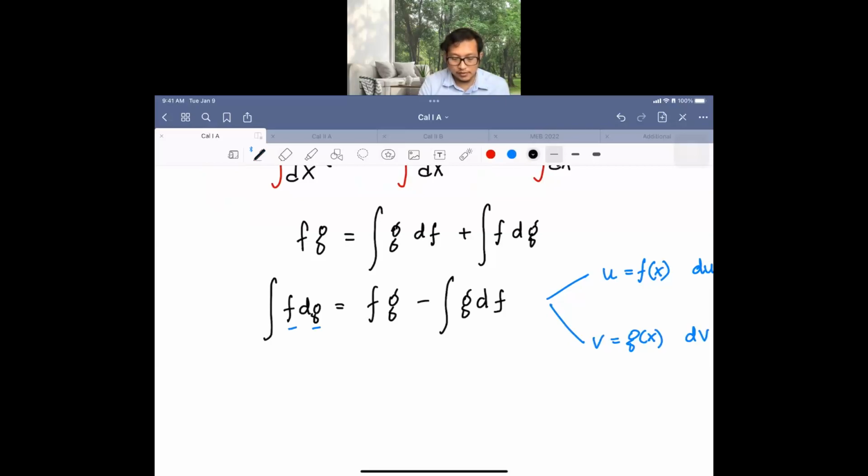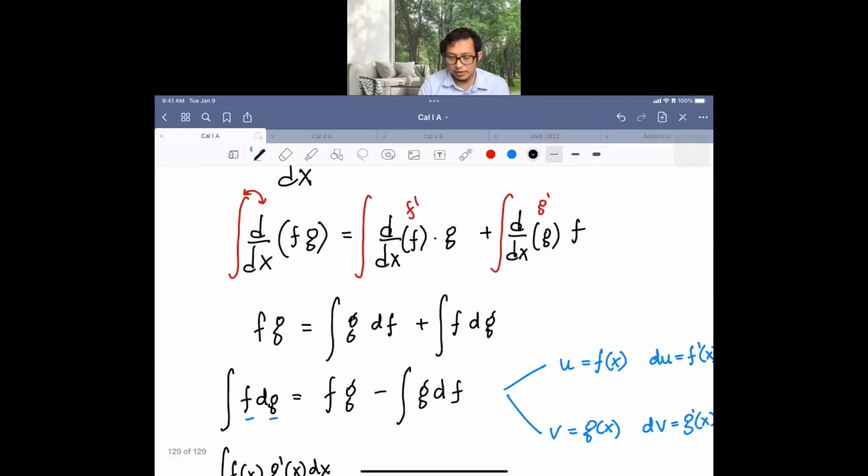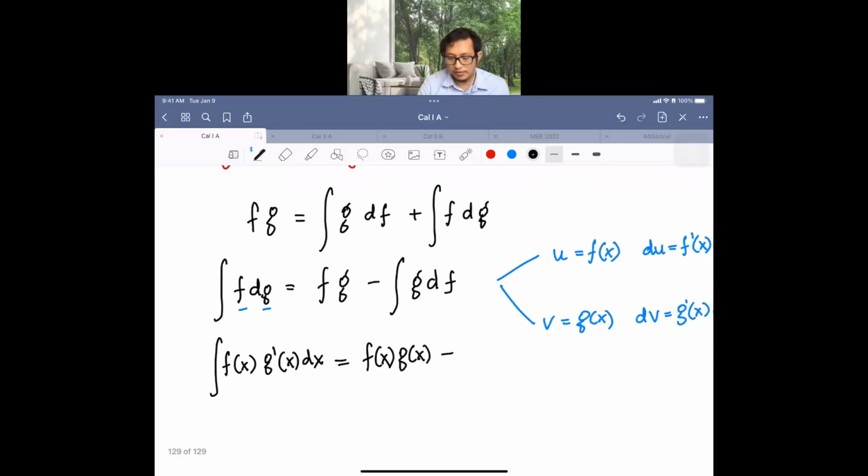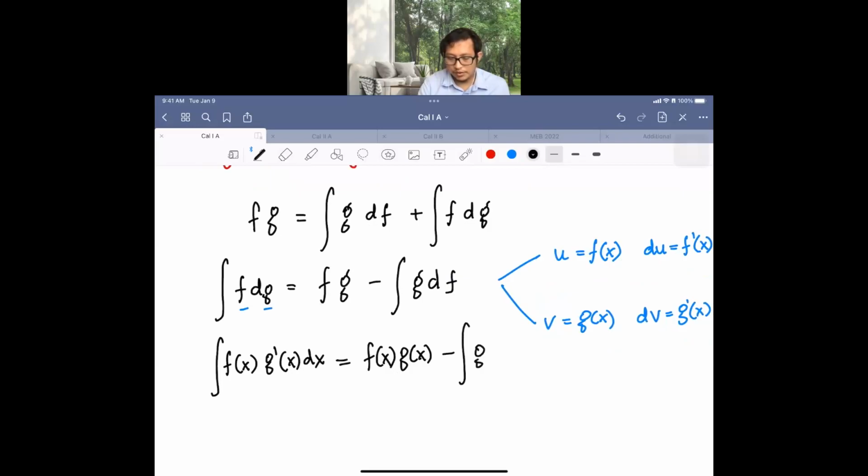So f is f of x, dg is g prime of x dx, based on our calculation here, and then equal to f of x, g of x minus the integral of g of x f prime of x dx.